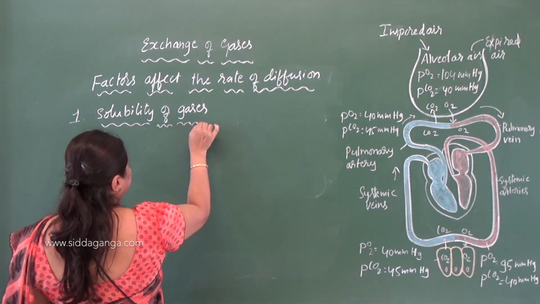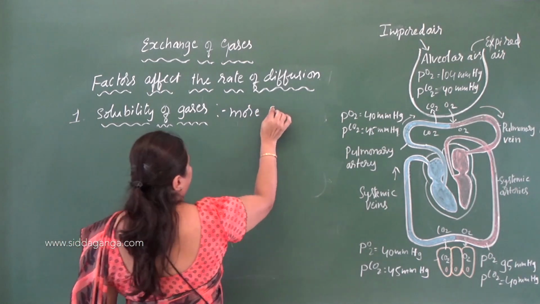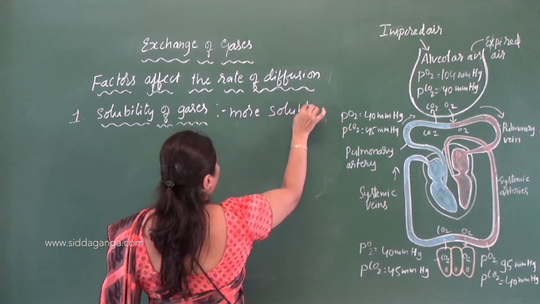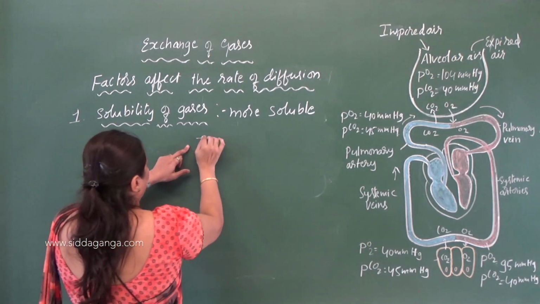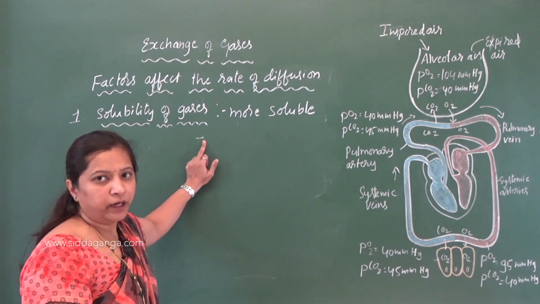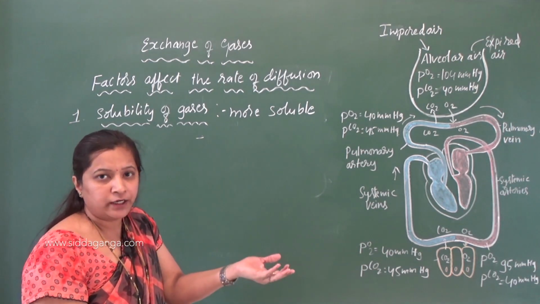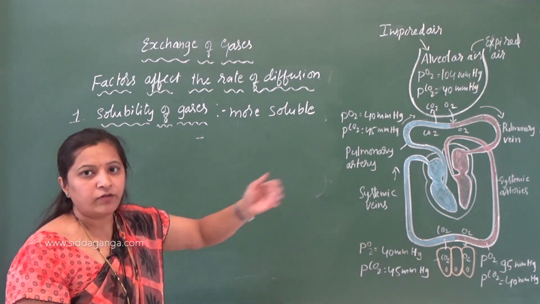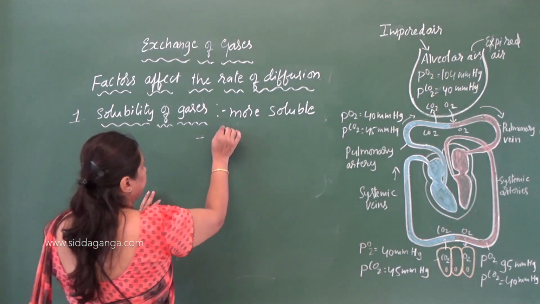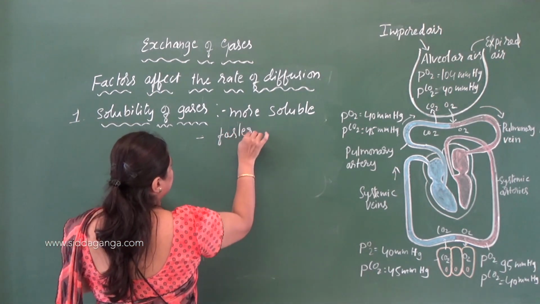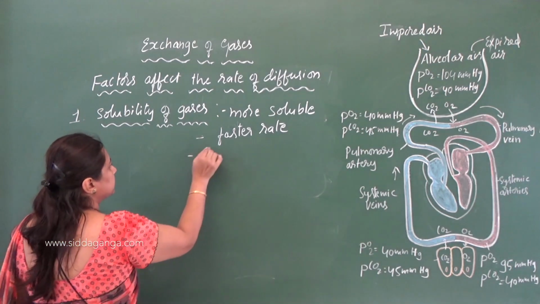See, the gas which is more soluble, the rate of diffusion will be more. The gas having high solubility has a faster rate of diffusion. So the gas which is more soluble will diffuse at a faster rate than the gas which is less soluble.